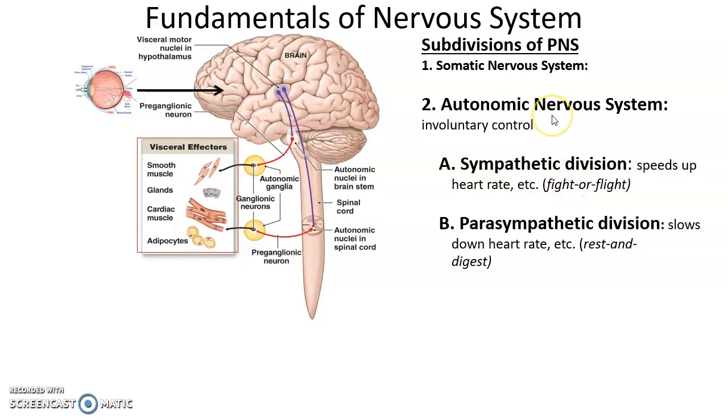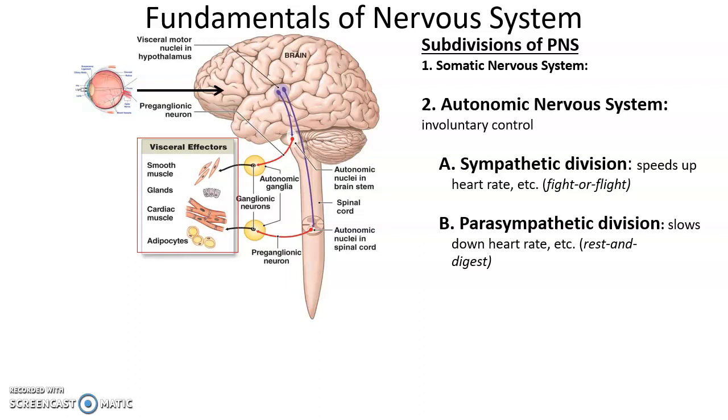The autonomic nervous system is further broken down into the Sympathetic Division and the Parasympathetic Division. They all innervate the exact same structures. They connect to the exact same organs. However, they have opposite responses. The sympathetic division will be the fight or flight response.